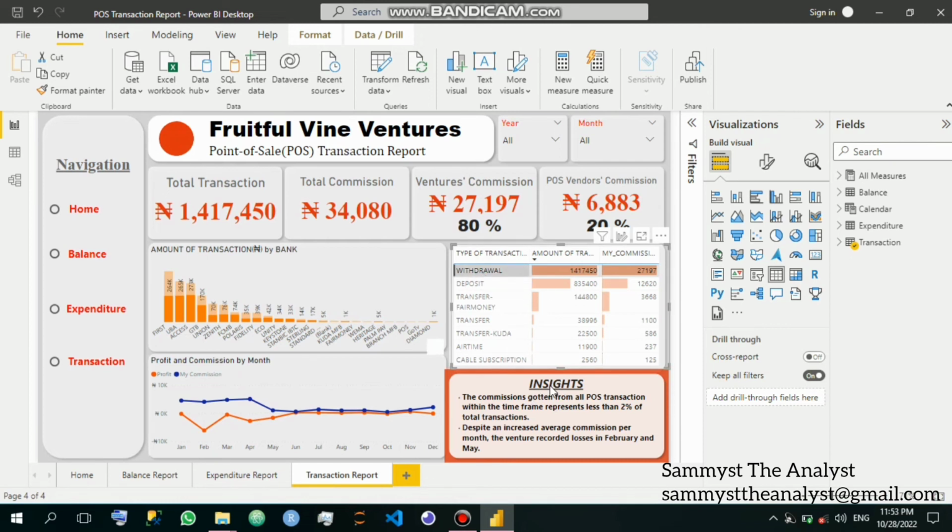Now the insight that was gotten: the commissions gotten from all POS transactions represent less than percent of the total transactions.